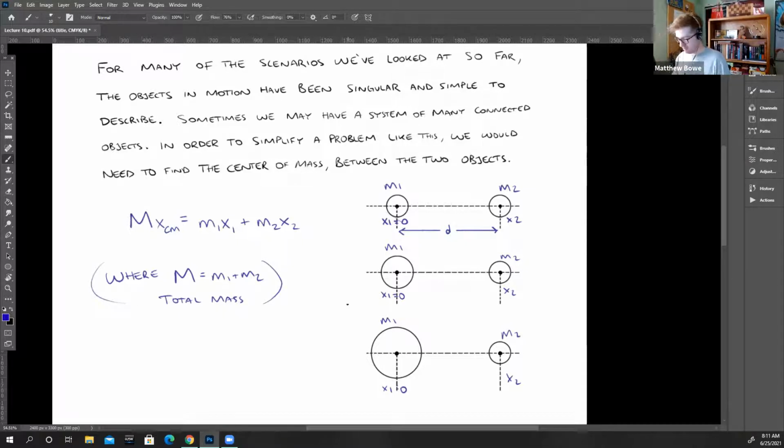Okay. Now from this equation, I can rearrange it a bit to just find the center of mass location. So how far away on this dotted line is the center of mass?